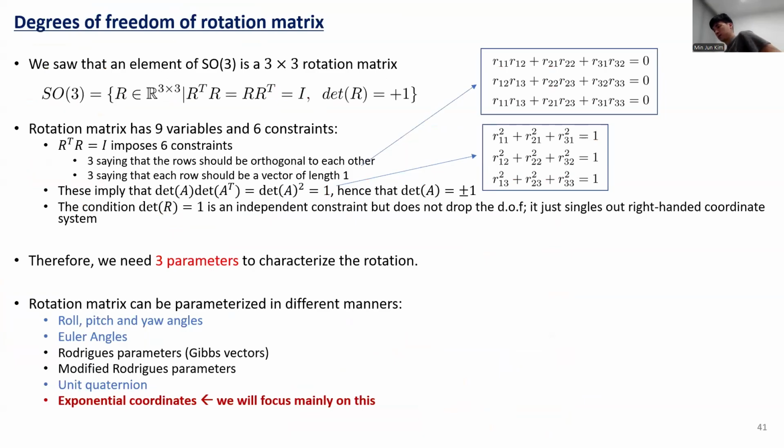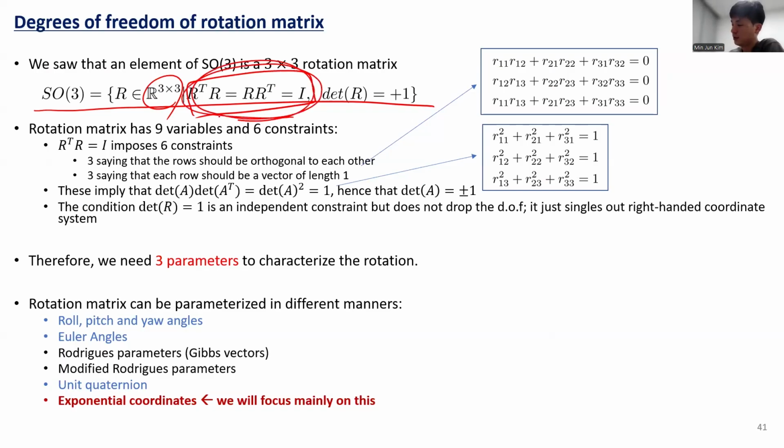All right. So what about rotation matrices? Again, this is the definition for SO3, which is the set of all 3 by 3 rotation matrices. So it's a 3 by 3 matrix, but it should satisfy this one. I'm not going into details, but this condition gives you 6 constraints.